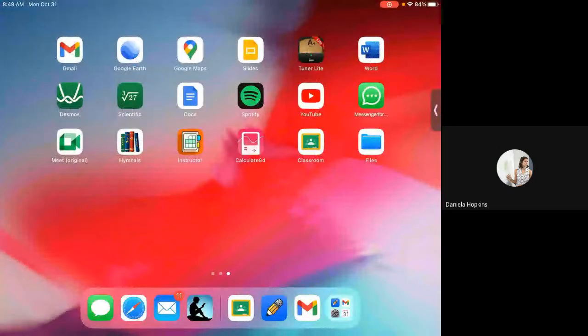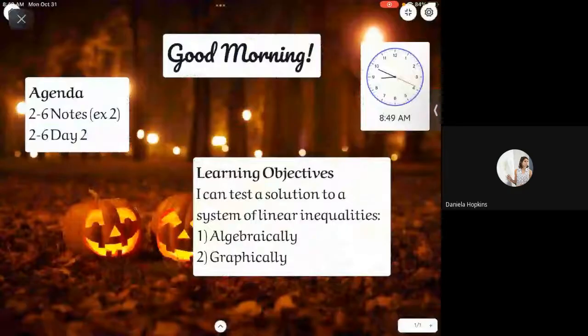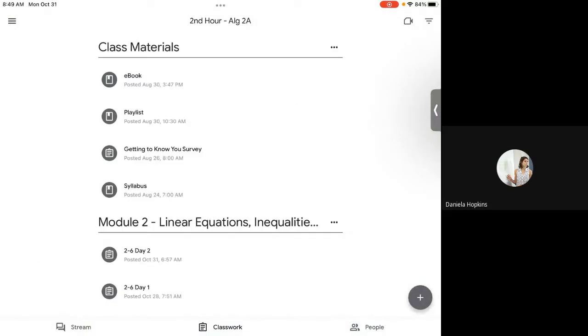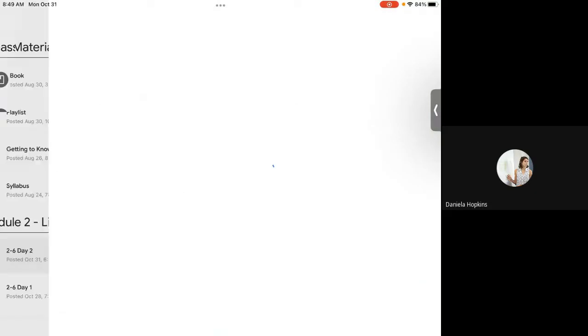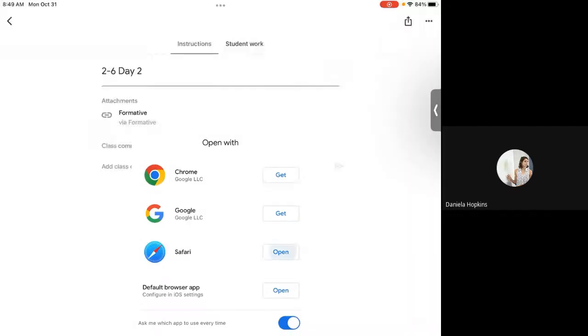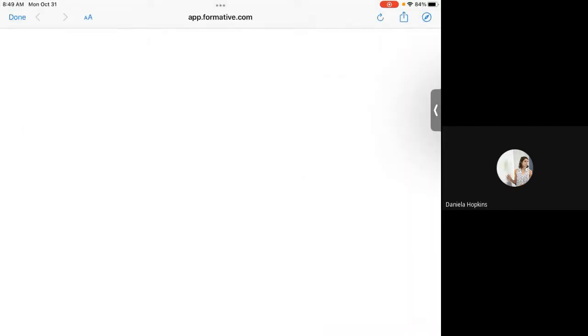But in our assignment, oops, let me remember where to go here. So if you look under classwork, it's 2-6 day 2 on Go Formative, whatever we're calling this app nowadays.